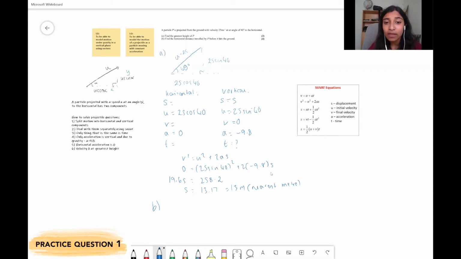If you want to work out the time it takes, firstly, for it to go to our greatest height, we can use any of our equations really. Let's go with v equals u plus at. So 0 is equal to u, which is 25 sin 40, minus 9.8t. So 9.8t is equal to 25 sin 40.